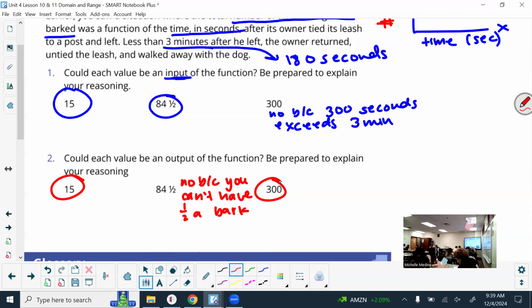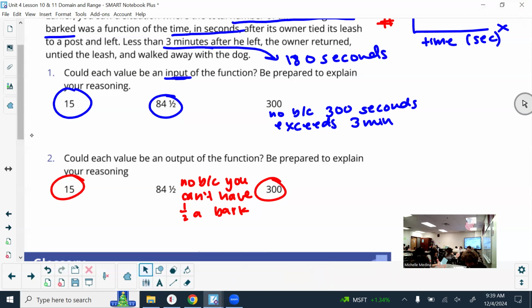So if they bark twice in a second, which is actually feasible for a dog, then it would exceed 300. So that could be a possible output. It would just be that the dog is barking almost the entire time. Once we start getting higher numbers, maybe 1,000, or even 400 might be really unlikely, then it's definitely probably not going to happen.